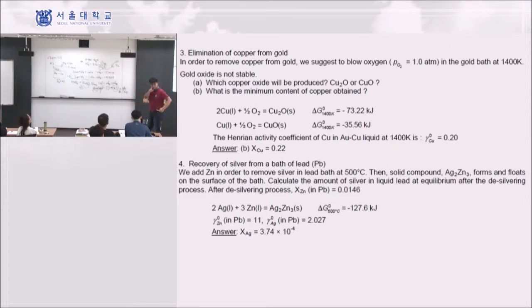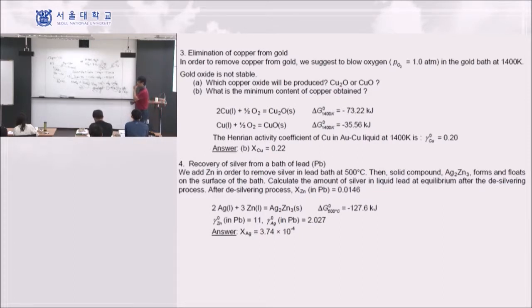Even if you add 1 atm PO2, you can increase your total pressure, for example, to 10 atm, 100 atm if you like. Then you can reduce a little bit further. That's one possible choice you can think about, because up to 100 atm it's easy to increase the total pressure.